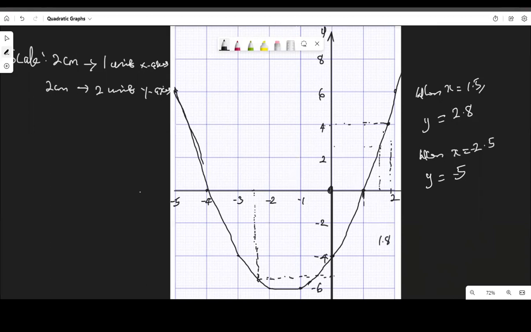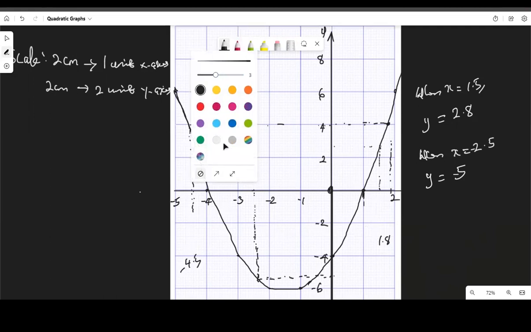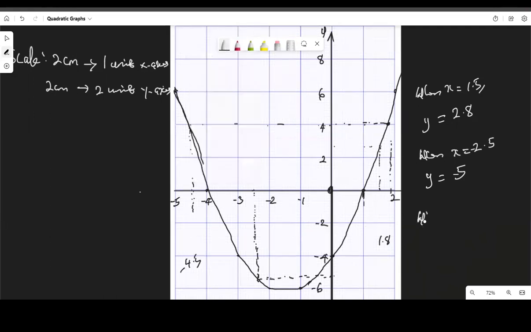I'll trace also to this side until I touch the curve here, and trace it down. That is about negative 4.5 or so. So let's write that down. When y is equal to 4, x is equal to negative 4.5 or 1.8. That is it.